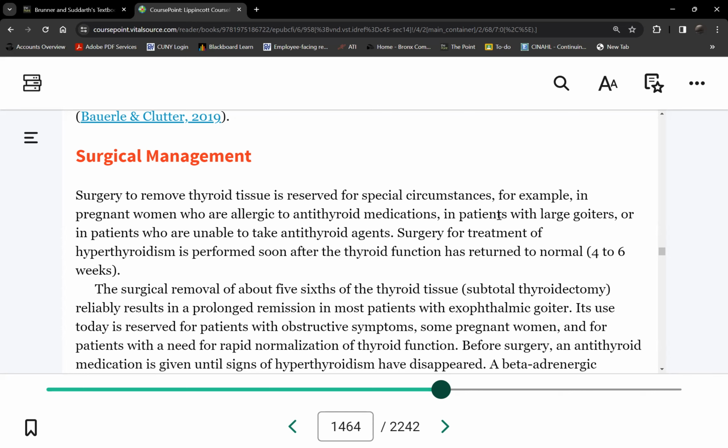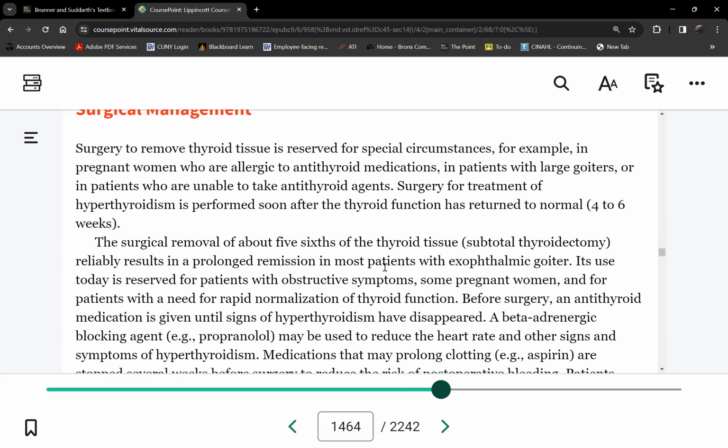Antithyroid, yeah, PTU or methimazole, not both, okay? So either PTU or methimazole. Yes, they have slightly different actions, but in the end they block thyroid activity. Yeah, for 2 weeks prior.